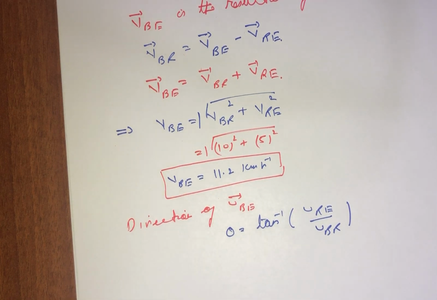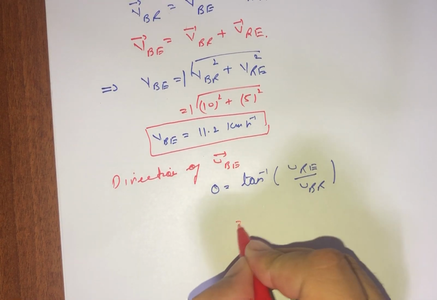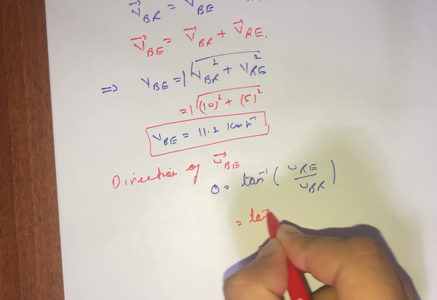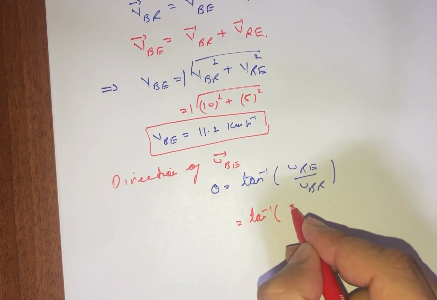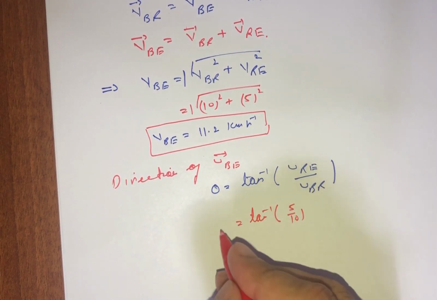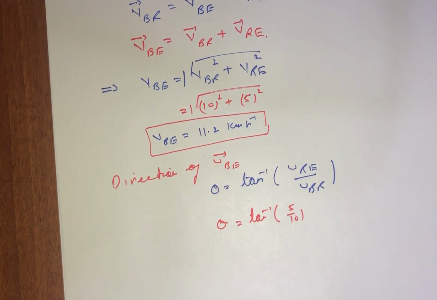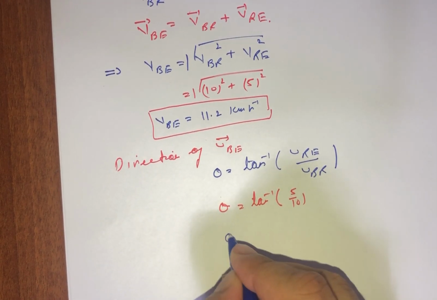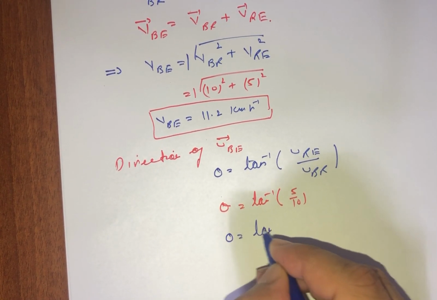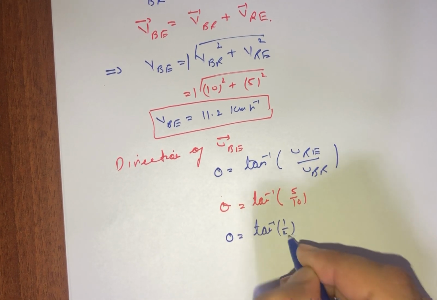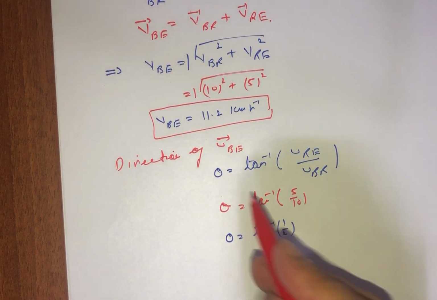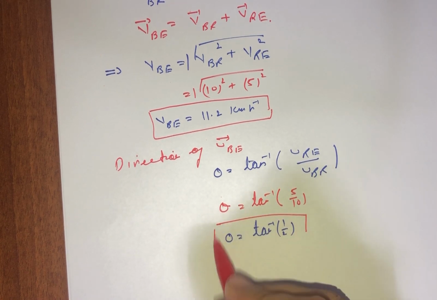We already know the values, so this will be tangent inverse of 5 by 10. So theta will be equal to tangent inverse of 1 by 2. So this is the angle, or we can say direction.